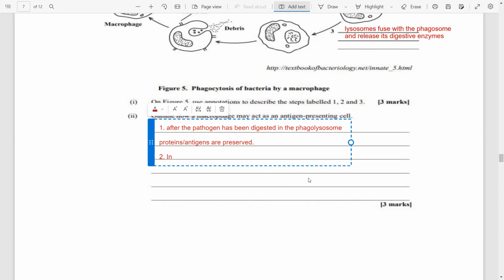So intracellular receptors will bind to the antigen.